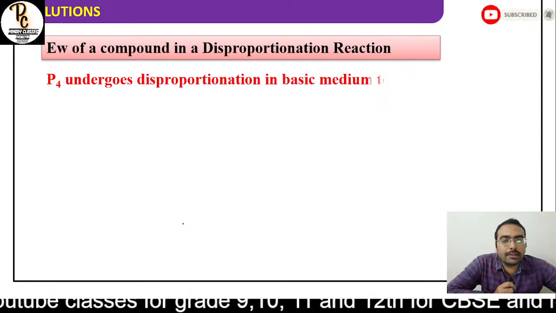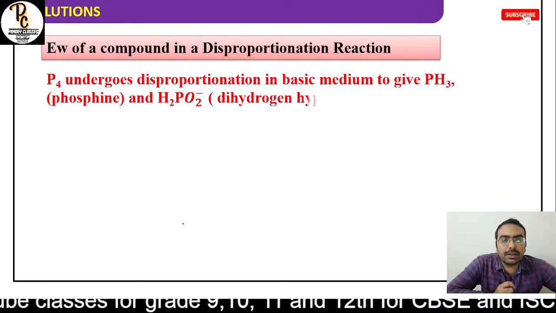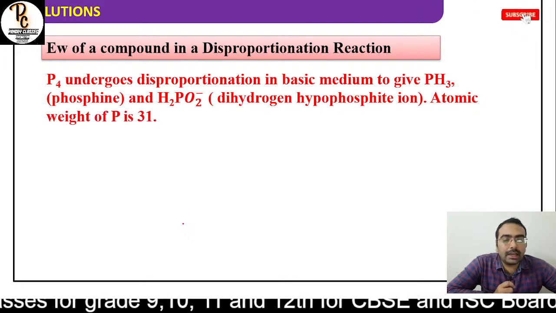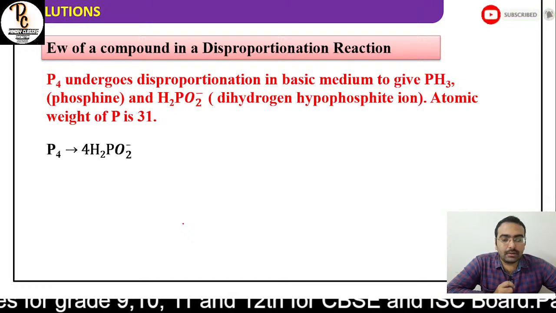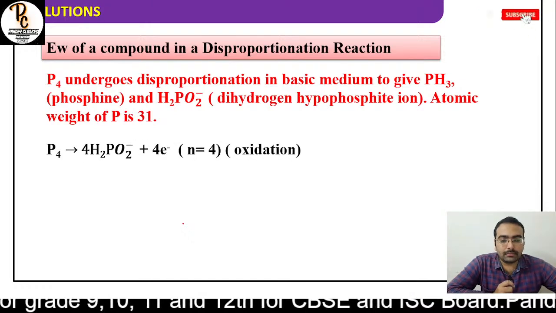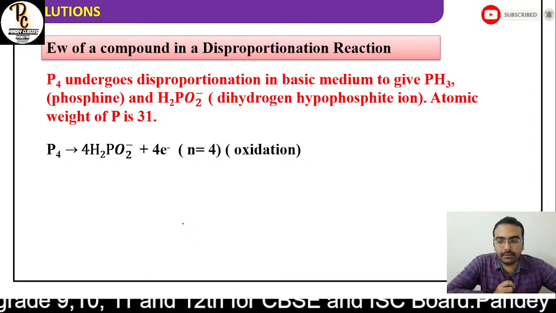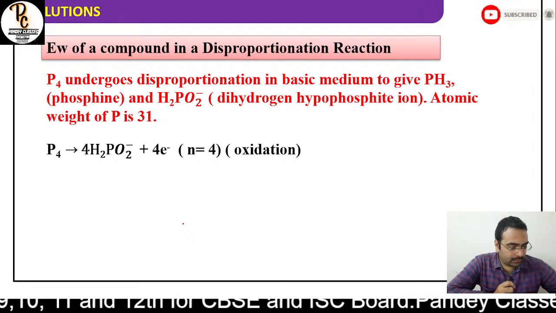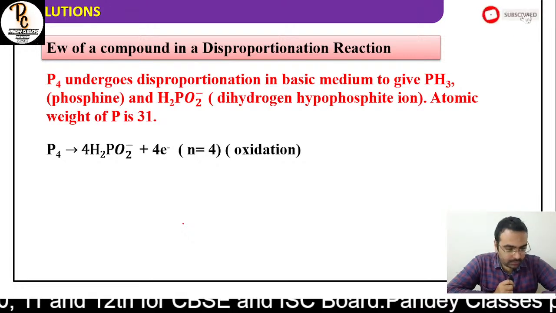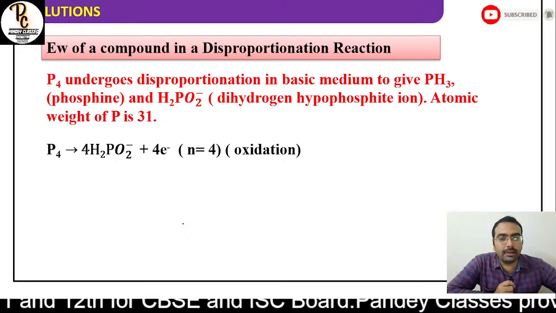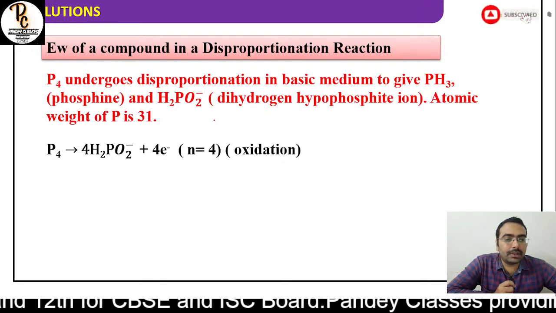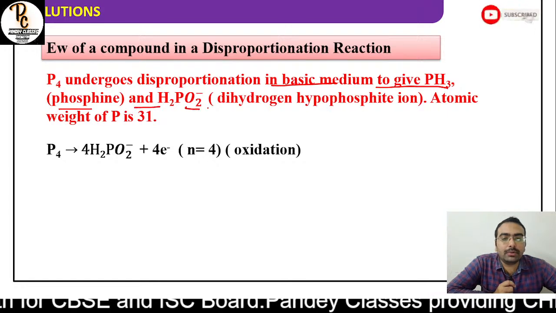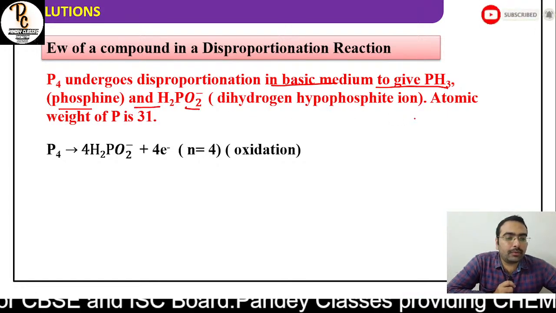Equivalent weight of a compound in a disproportionation reaction. Disproportionation reactions are those in which the same species undergoes oxidation as well as reduction. For example, P4 undergoes a disproportionation reaction in basic medium to give PH3, phosphine, and H2PO2 negative, the dihydrogen hypophosphite ion.